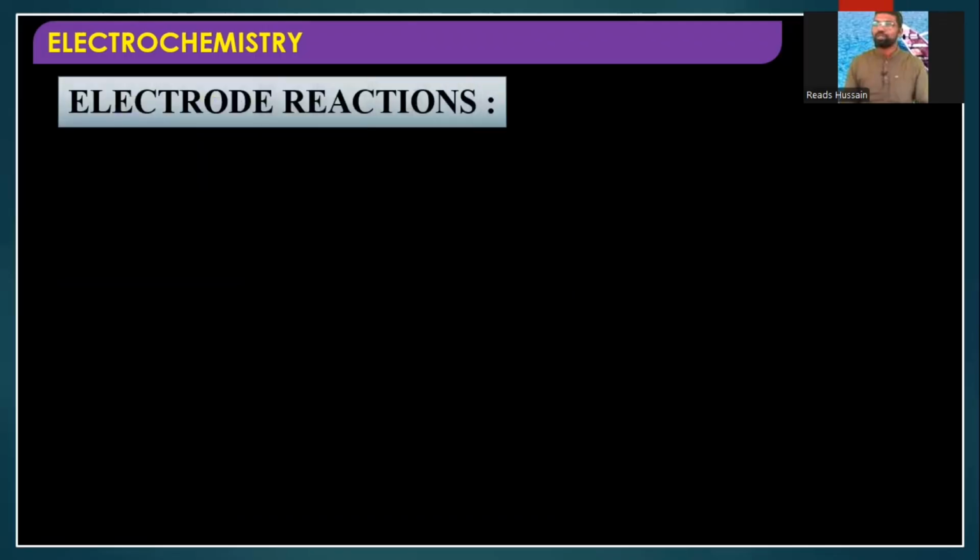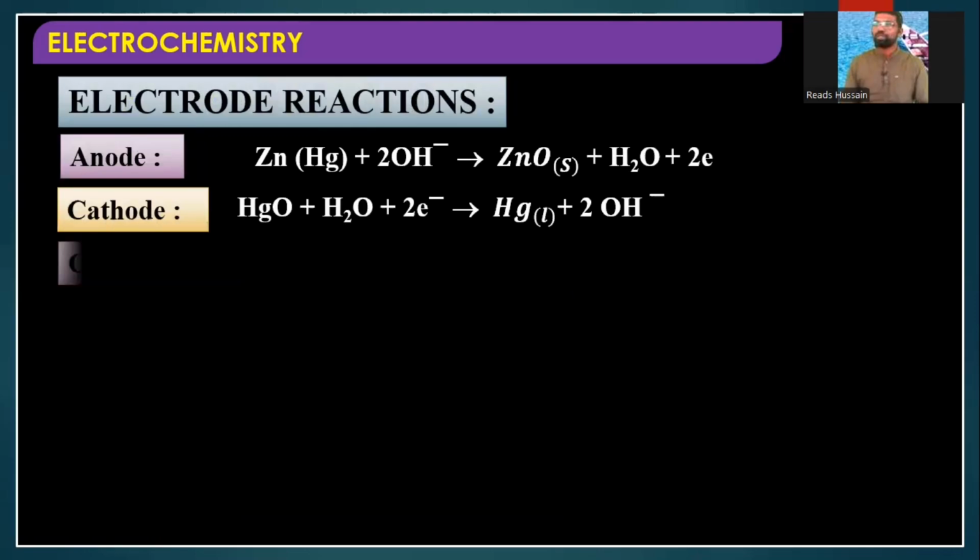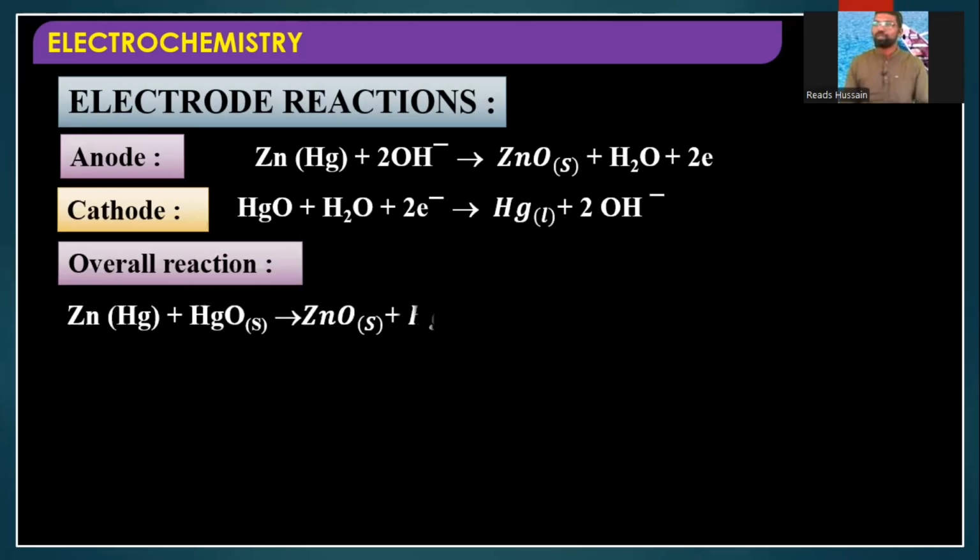Next, what are the electrode reactions taking place in this mercury cell? These are the electrode reactions, and you can take a screenshot of this, or practice from your textbook, no problem. Don't worry about these reactions. Whenever I say this is important, then try to remember. Otherwise, no need to worry.